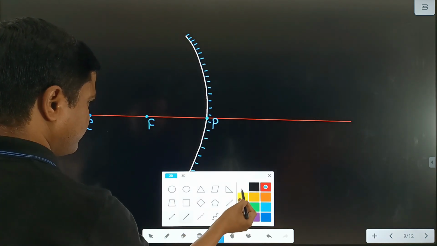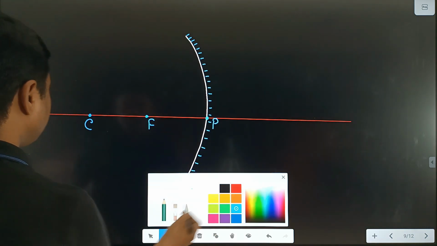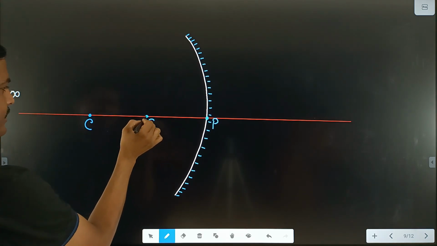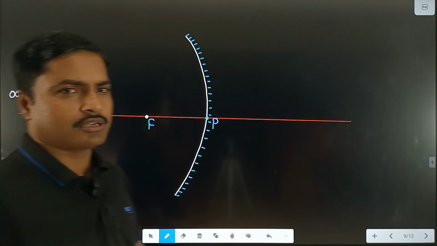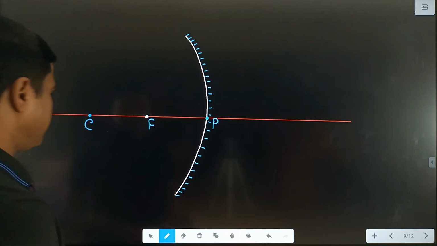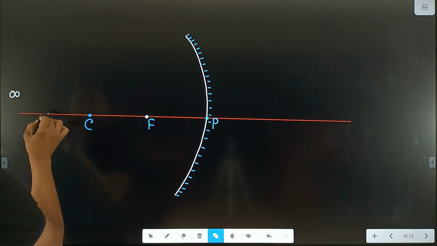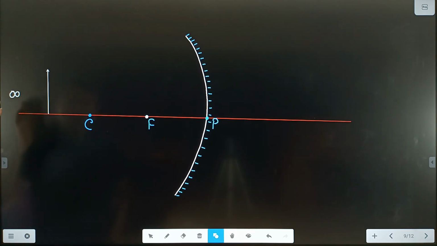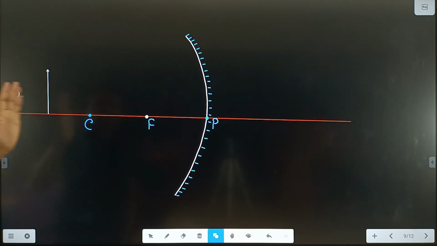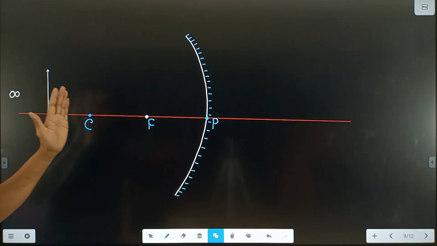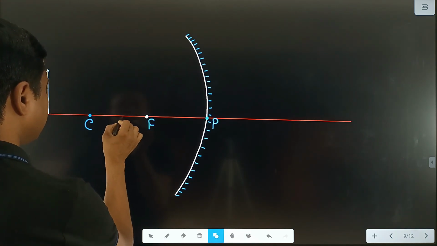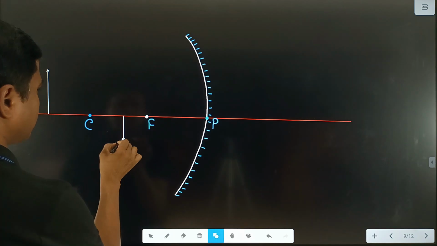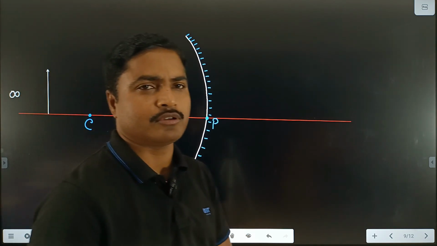And here, suppose the object is situated at infinity. If the object is situated at infinity, the image is formed at focus, you know that. Again, if the object is situated in between infinity and center of curvature, the image is formed in between center of curvature and focus, that means a small size image is formed.